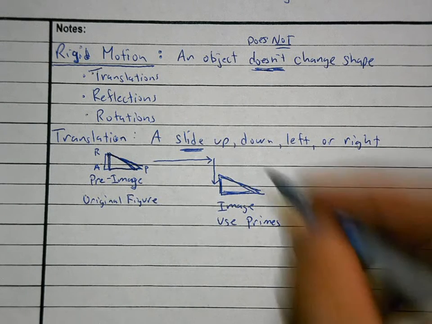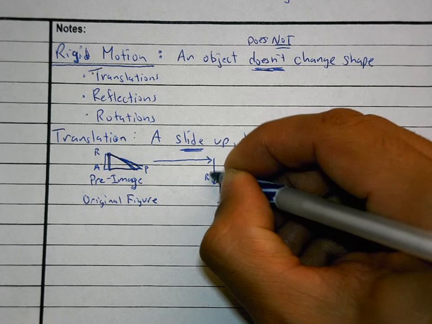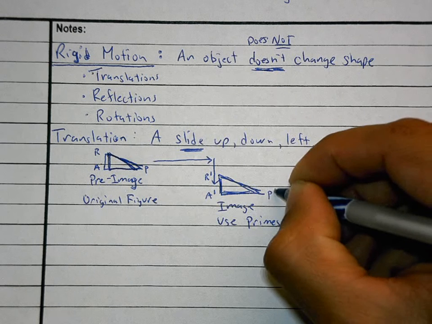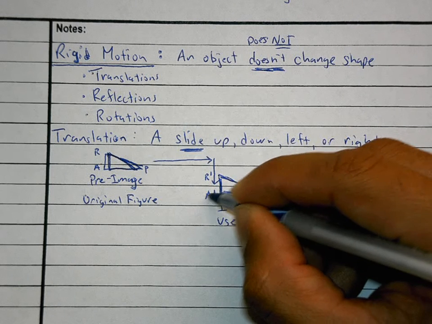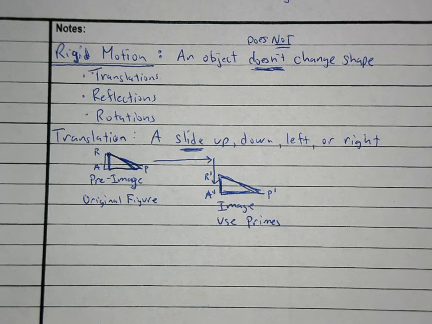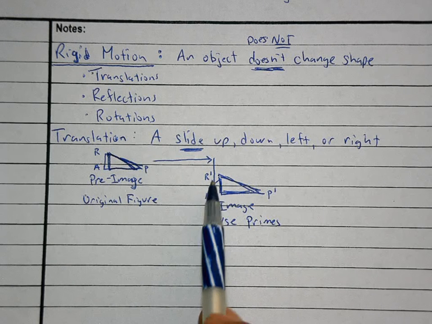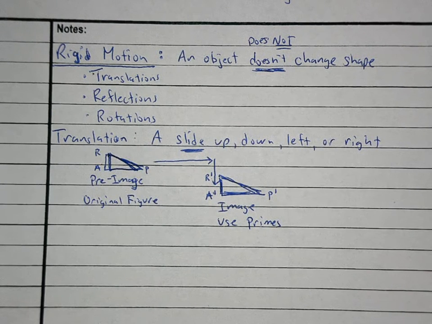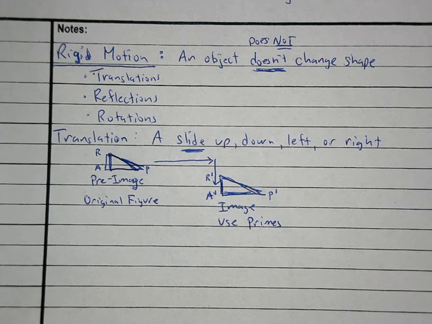The image would be R prime, A prime, P prime. These little apostrophes let you know that these are the new image after the translation. We use primes to let you know that this is the second object. This is the one that has been moved, that has been slid somewhere else. Make sense?